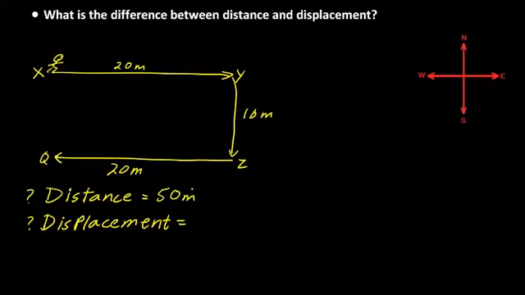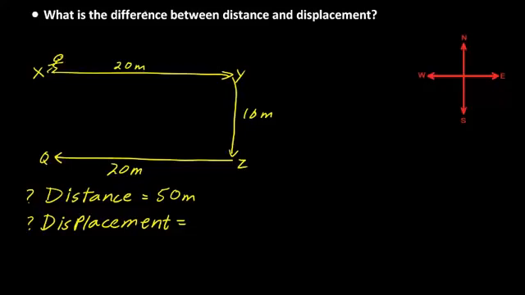Now, what is this person's displacement? Remembering, of course, that displacement is the straight line distance and direction between your starting point and your ending point. Another way to say that, remember, displacement is how far and in what direction you are displaced from your starting point.